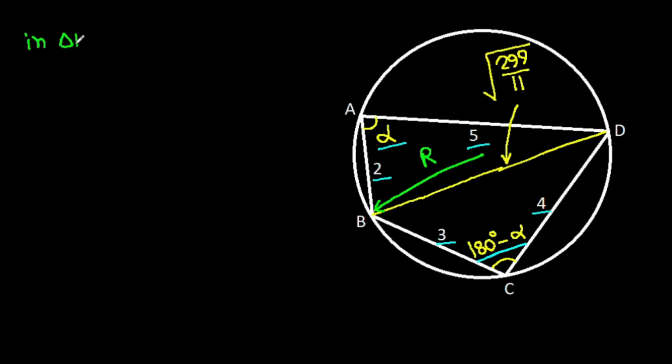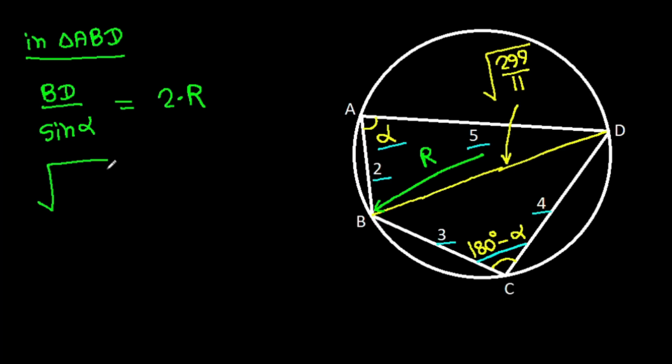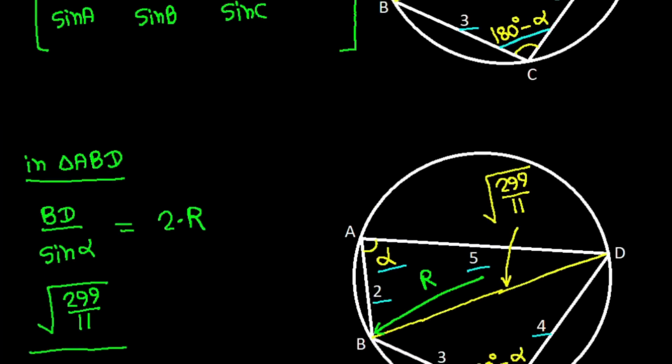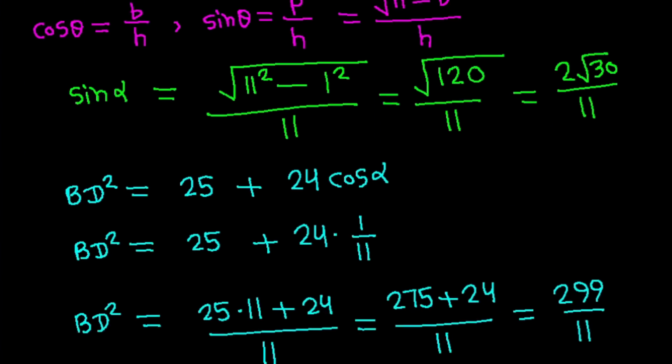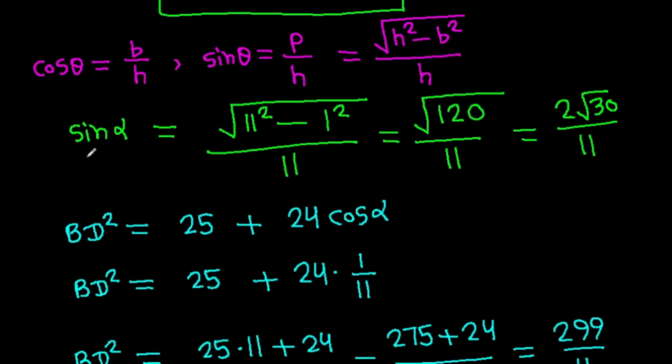then in triangle ABD, BD over sin alpha will be 2 times the radius of the circumcircle, and BD is root under 299 over 11, and we have sin alpha is 2 times root 30 over 11.